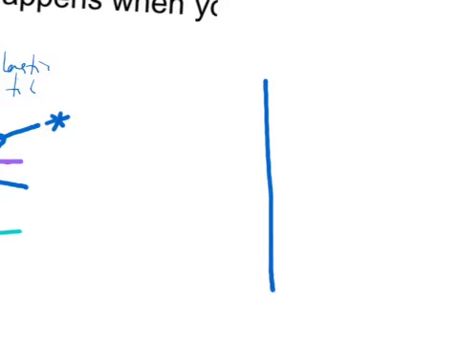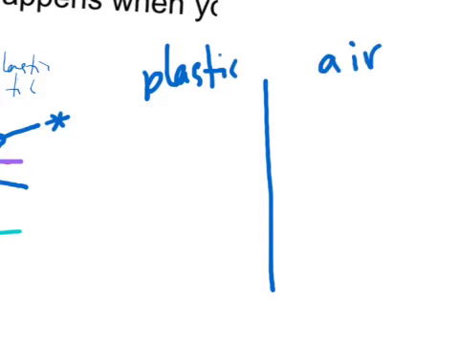This time we're going to have, say, plastic on this side and air on this side. So air has the lower refractive index, and we need our normal, and I'm using the thicker lines for this because it's going to be easier to see when I draw the thinner lines. And let's use these colours just to make it different.